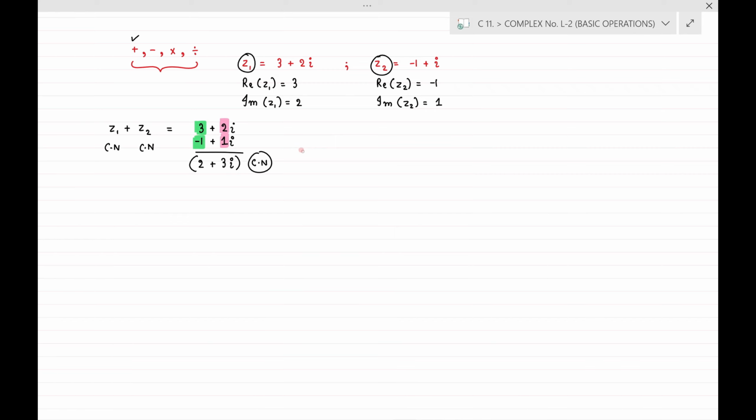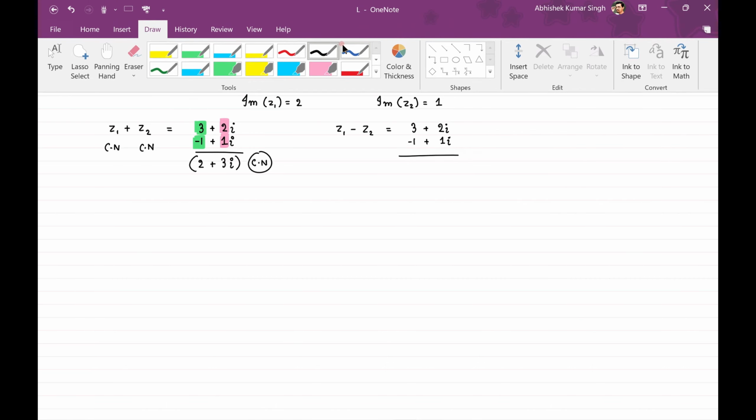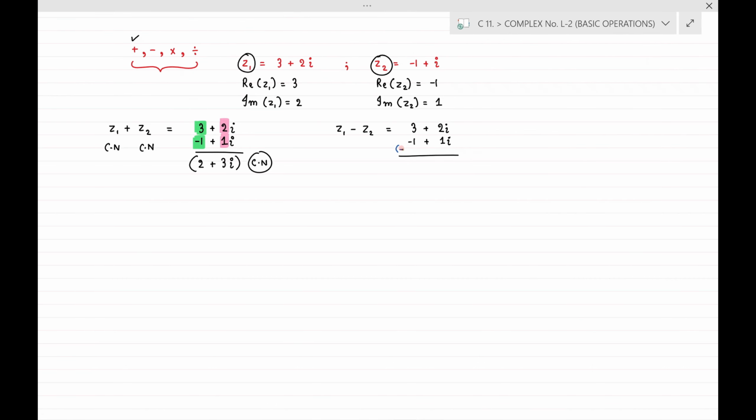Similarly, we can go through the subtraction process. Now suppose I ask you to find the value of z1 minus z2. This will be equal to 3 plus 2 iota minus, in brackets, minus 1 plus 1 iota. Now we will subtract. So on subtracting, the sign will change.